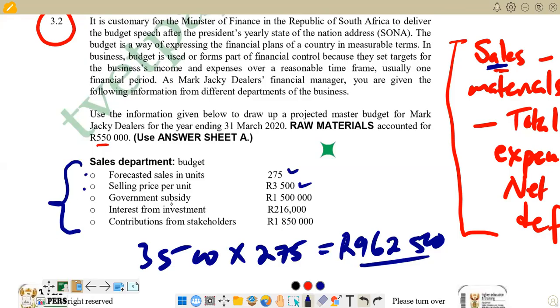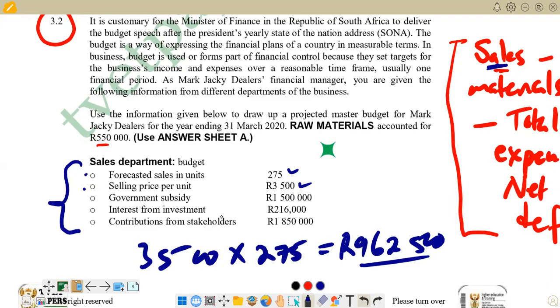We've got government subsidy. Remember, government subsidy comes as funding that is received from the government. It's an assistance process that is issued by the government to businesses, mainly those facing a high cost of production. They're assisted by the government through the fiscal policy.